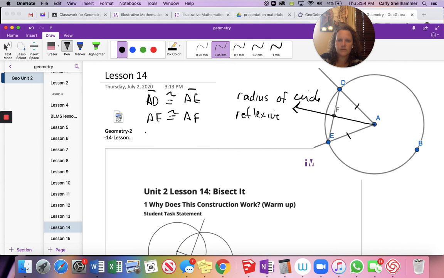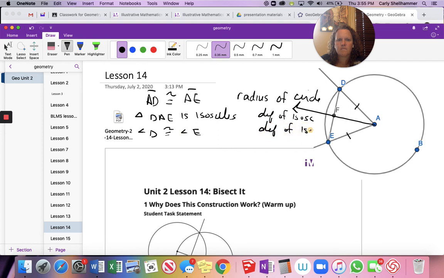Ooh, I'm not going in a very good order here. Let's go in a good order because I know you're practicing that on your math too, on your practice problems. So triangle DAE is isosceles, definition of isosceles. When you know two sides are equal, you can call it isosceles. Now I can say that angle D is congruent to angle E, same reason. So let's go ahead and mark that.